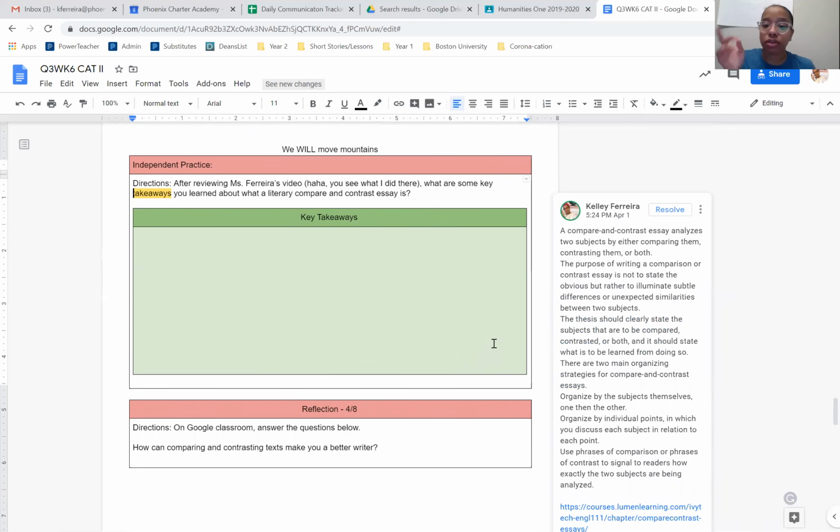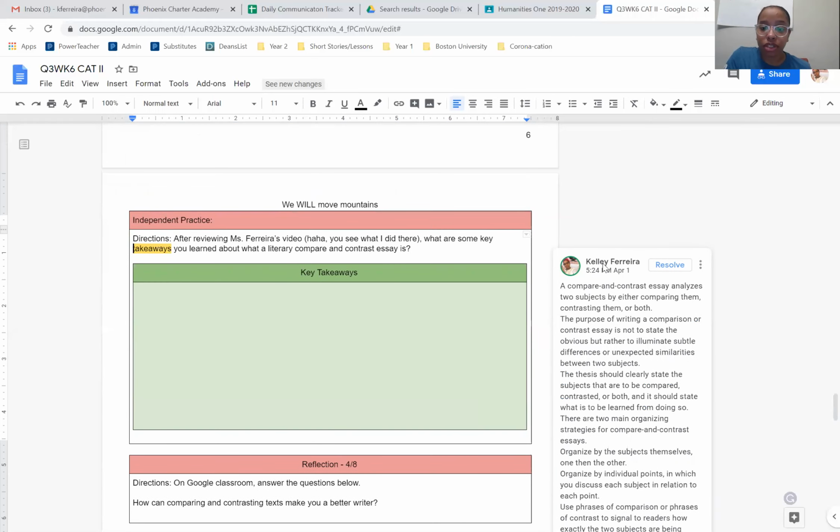The purpose of writing a comparison and contrast essay is not to state the obvious, but rather to illuminate subtle differences or unexpected similarities between two subjects, which is what you'll be doing for your capstone QPA. And then after that, whatever you think is important about compare and contrast essays, you are going to note in that little box right there.